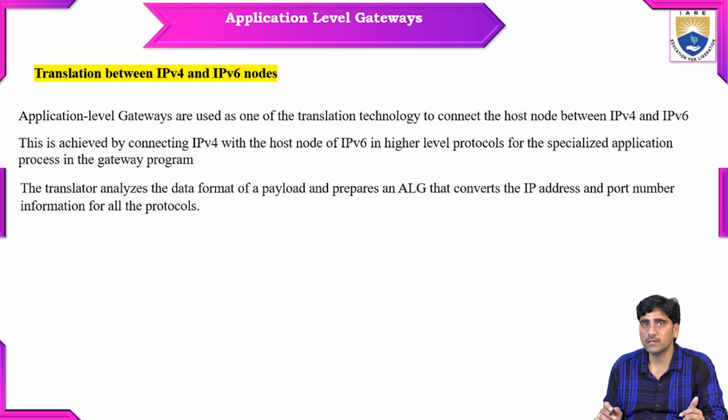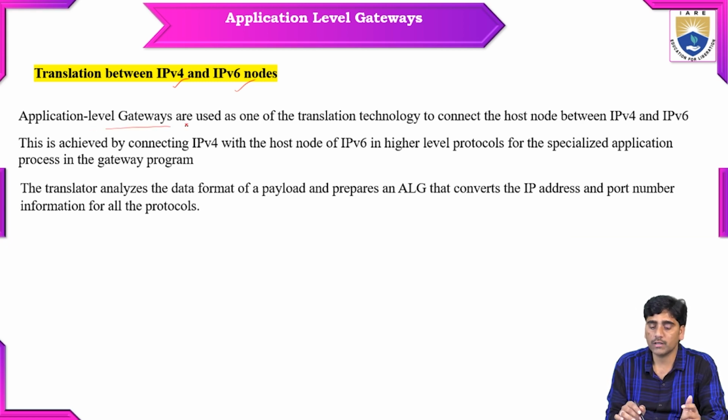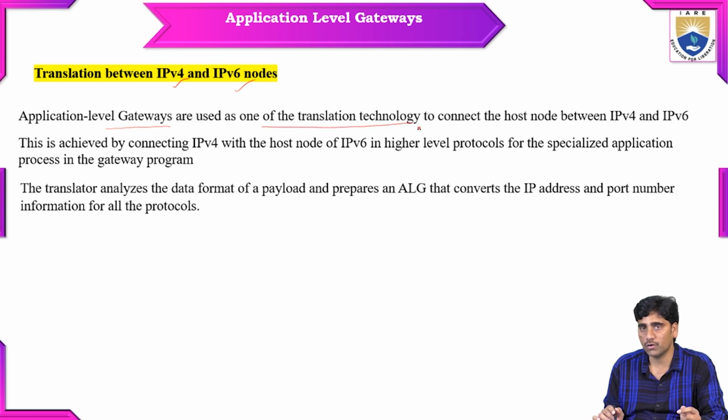And the next one, translation between IPv4 and IPv6 nodes. Application level gateways also translate network layer addressing in application level payloads. So application level gateways are used as one of the translation technologies to connect the host nodes between IPv4 and IPv6.